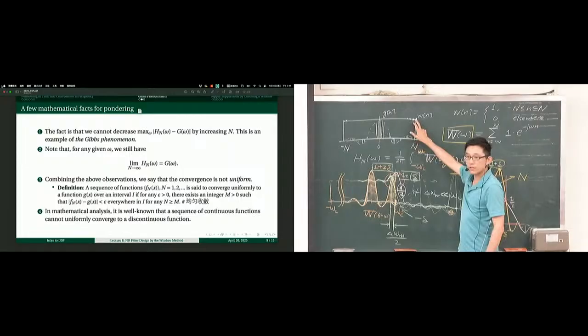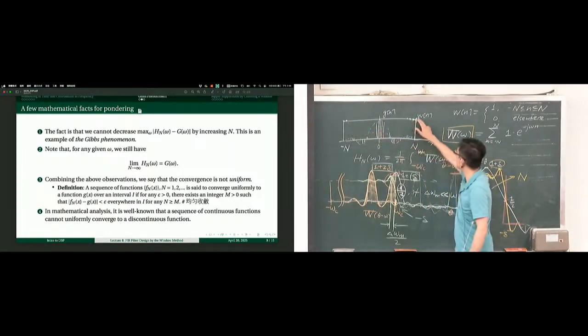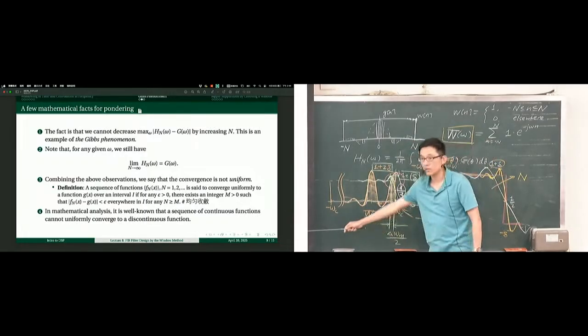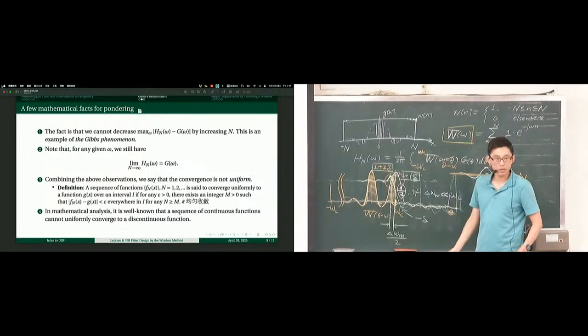This target function, g of omega, has a discontinuity at the cutoff frequency. So the limit is discontinuous while each member in that sequence is continuous. Yes, convergence is still true, but the convergence will not be uniform. And this is a direct consequence of a mathematical theorem.